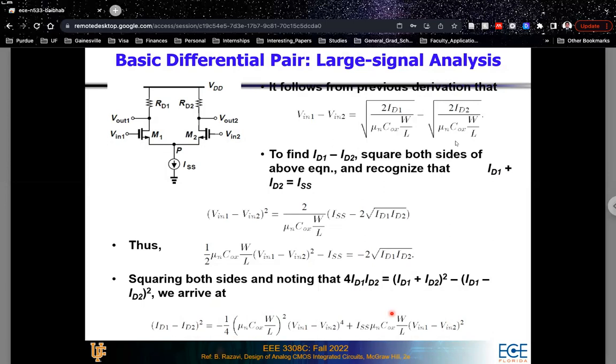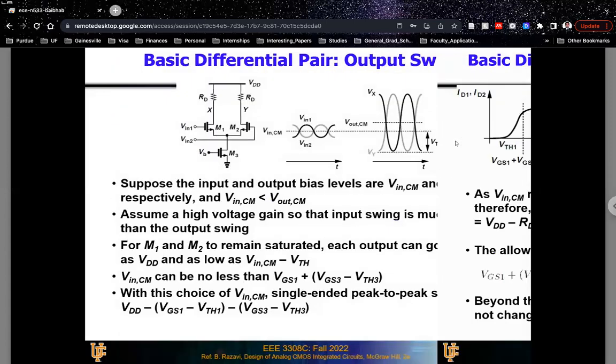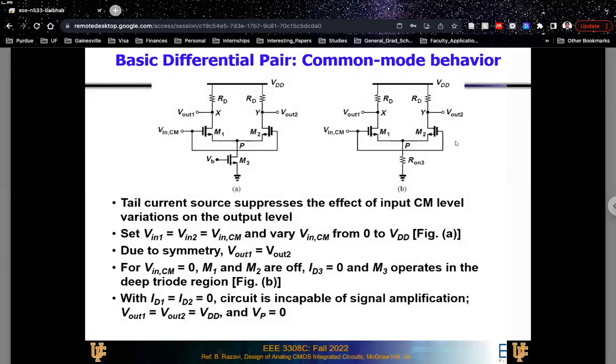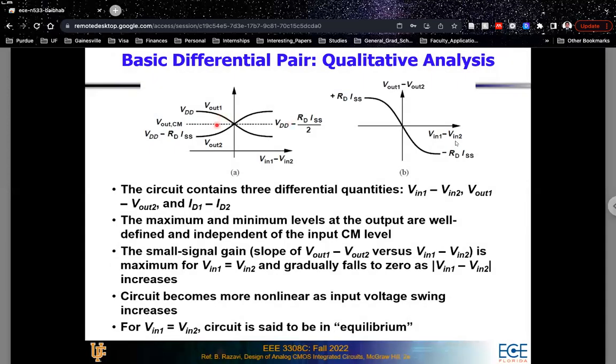Because remember that for this differential circuit to operate properly, what we want is that the DC points of V1 and V2 to be equal. If your DC points of V1 and V2 are not equal, then you end up at maybe this point or that point where your Vout1 and Vout2 are also not equal. So you want your V1 minus V2 to be equal to 0, and you want your Vout1 to be equal to Vout2.